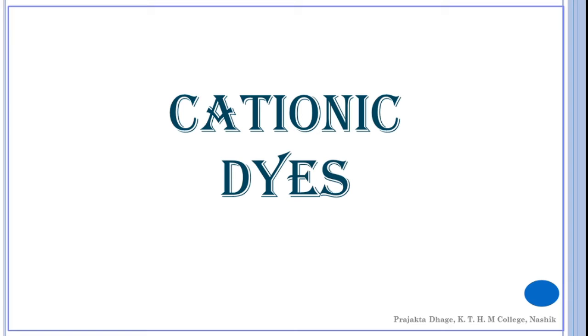Basically the interpretation of the results obtained with cationic dyes at various pH levels has been studied in some depth. It is convenient to think of staining by cationic dyes as a process of ion exchange in which small cations such as hydrogen ions are competitively displaced from the tissues by larger cations of the dye.